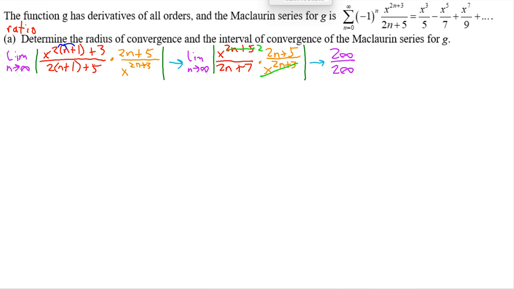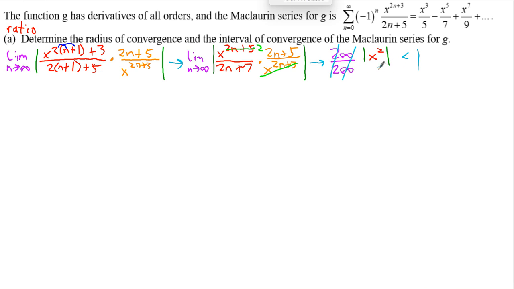And then the only thing that could be affected by the absolute value signs is the x squared. And with the ratio test, in order to converge, remember that has to be less than 1. So then you can see the 2 and the infinities cancel out here, so all we're left with is the absolute value of x squared is less than 1.